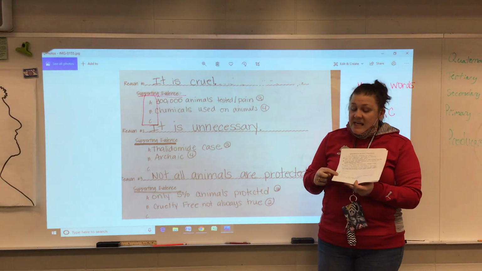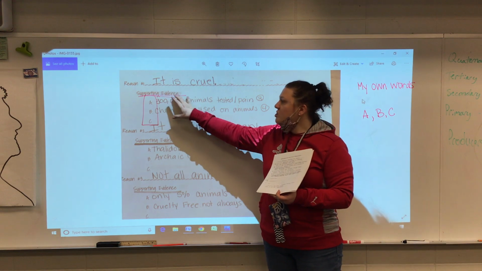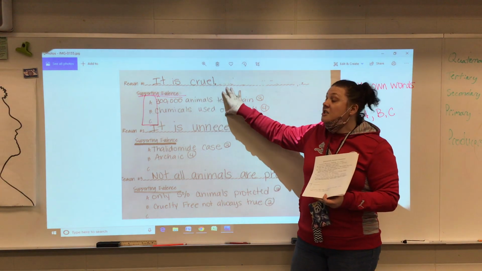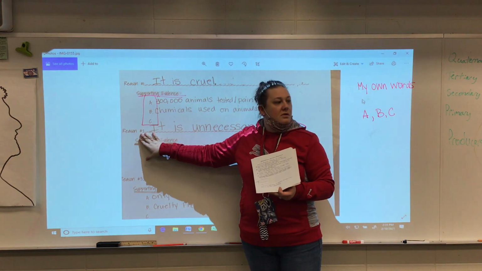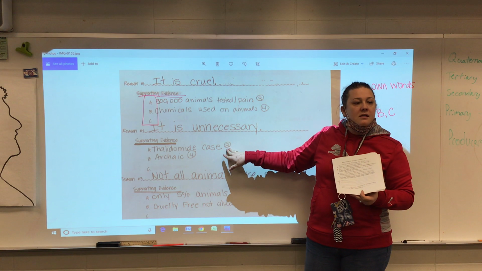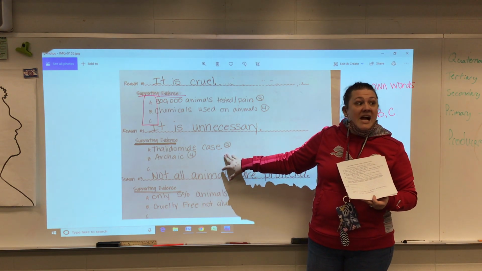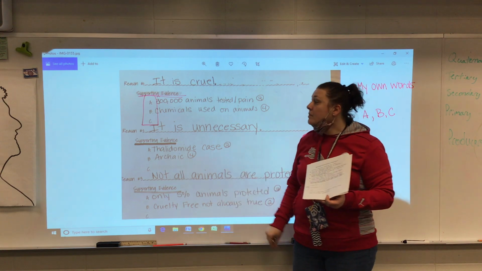My transition sentence is going to take me from paragraph 1, which is reason number 1, to paragraph 2, which is reason number 2, right? It's going to transition me from one paragraph to the next. This is where you guys lack. You guys lack transitions big time. This is going to help you do that.